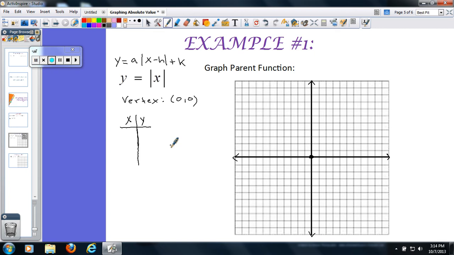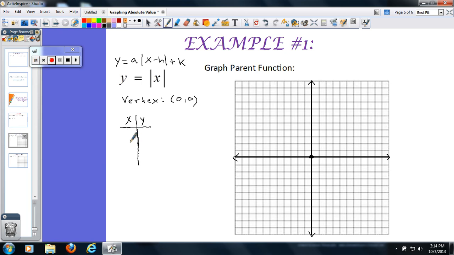So we're going to do a t-chart now. Very similar to quadratics, this is going to have an x value and a y value that are both going to end up being the same, just like a quadratic graph, basically.